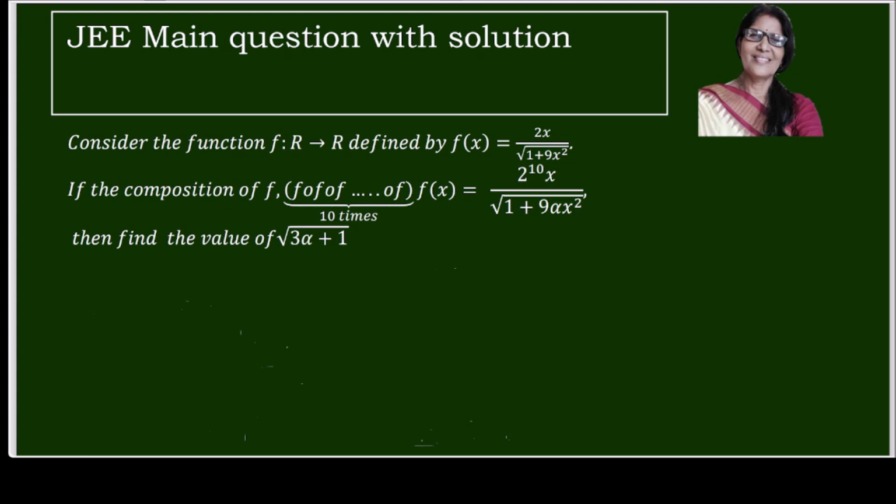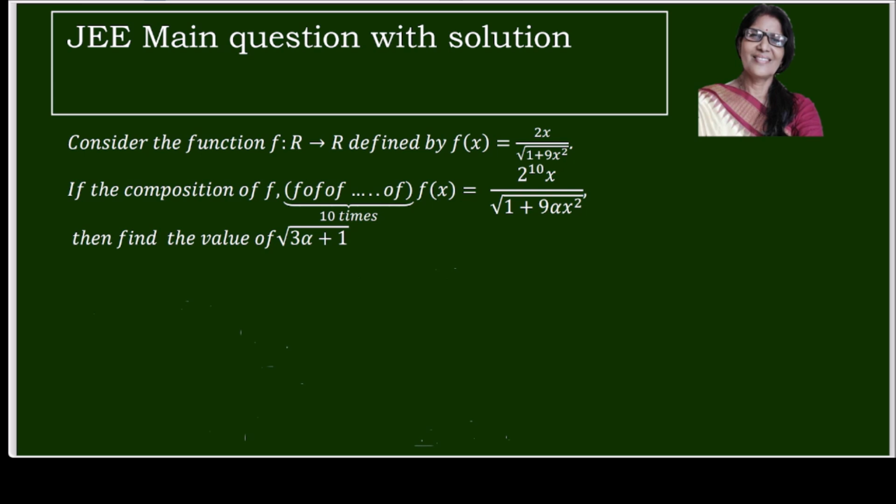Today we'll discuss a question from the JEE Main examination based on functions. Consider the function f defined from real numbers to real numbers, where f of x is 2x over square root of 1 plus 9x squared.